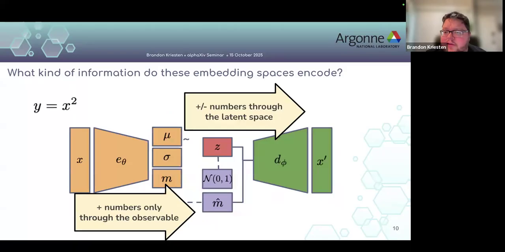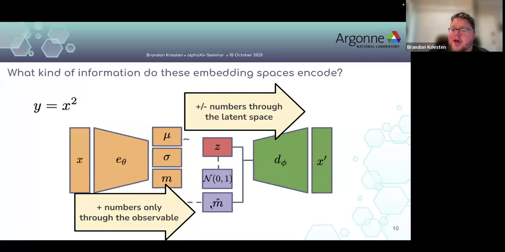So if I take, for instance, this y equals x squared problem, and I pass x's ranging from negative integers to positive integers, and pass it through my encoder, then this encoder has a very funny behavior because of this extra pathway of information in M. M in this case is y. And as M starts looking more and more like x squared as we're training, this pathway of information starts to only accept positive numbers.